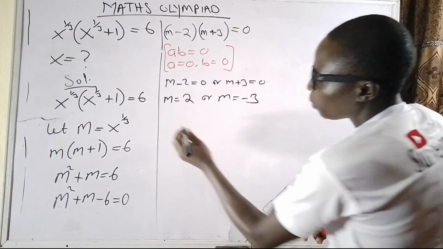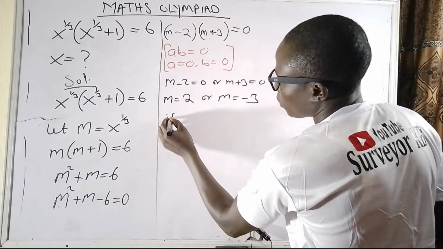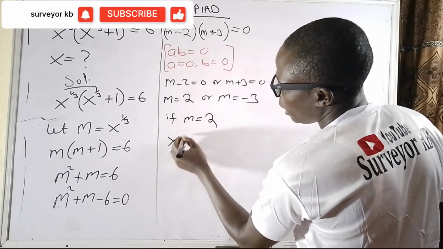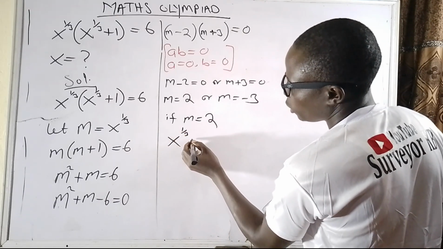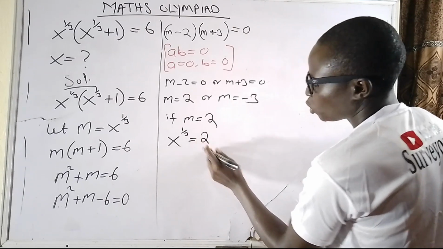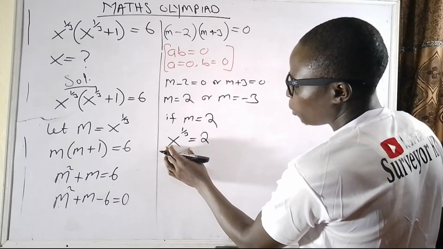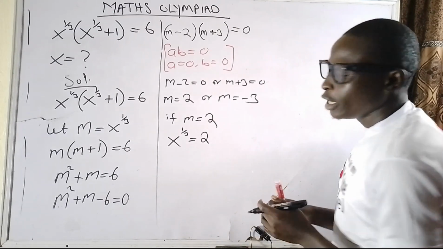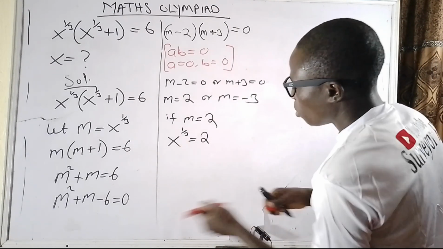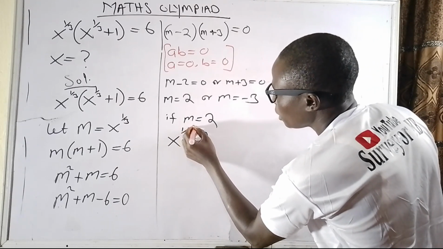So if m is equal to 2, earlier on I said x raised to the power 1 over 3 is equal to m. So now m is equal to 2, and I'm looking for x. That means I need to take the cube of both sides. Taking the cube of both sides, I will multiply this power by 3.